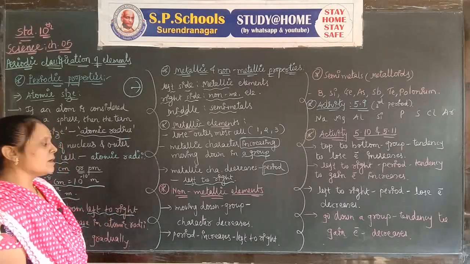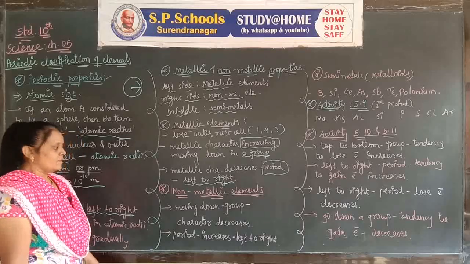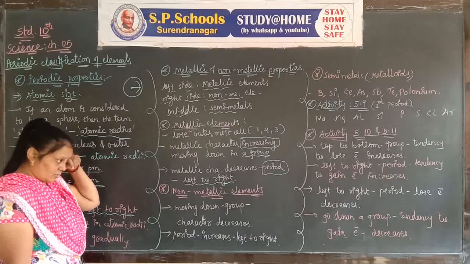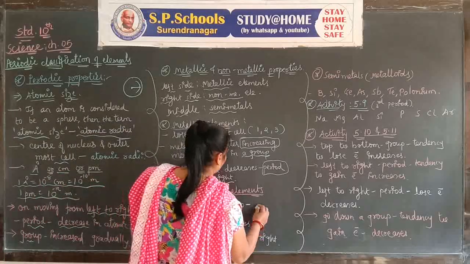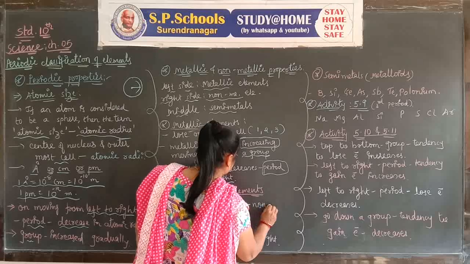What about non-metallic character? Moving down in a group, non-metallic character decreases.